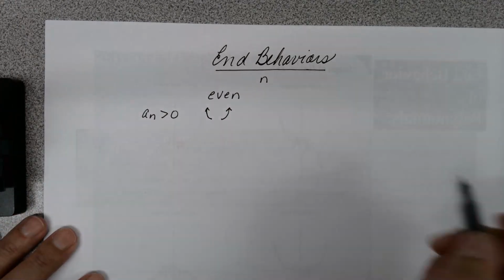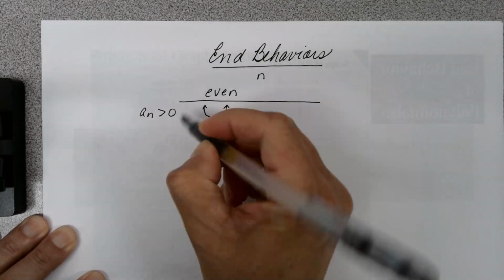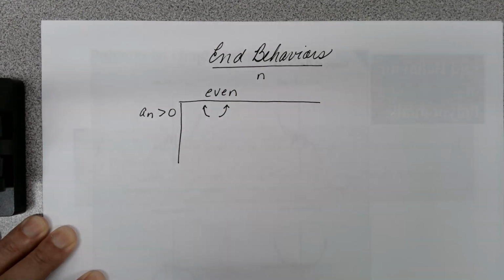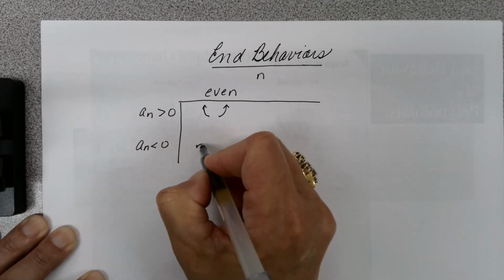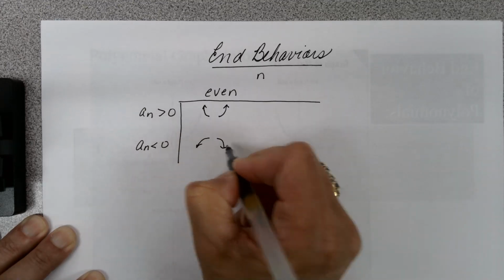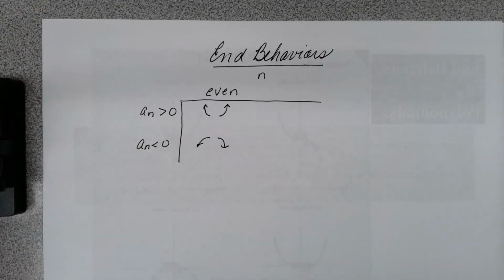If n is even and your a sub n is positive, that's what you're going to get. If your a sub n is negative and you have an even degreed function, like your quadratic, the end behavior will fall to the left and to the right. I purposefully am not connecting these in the middle because we're only talking about the far left and far right stretches of our graph, not middle behavior. Okay?